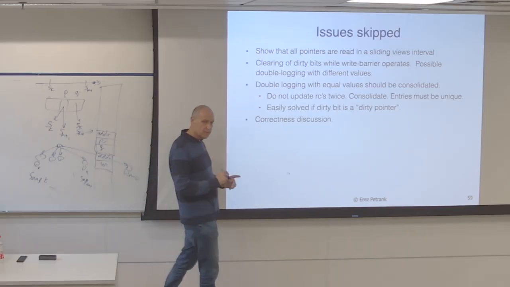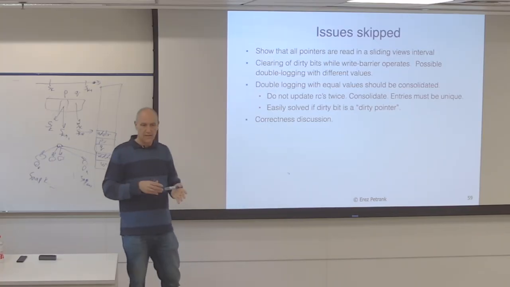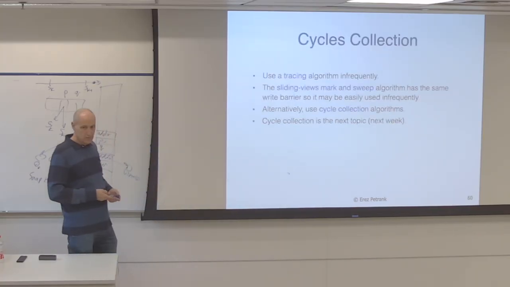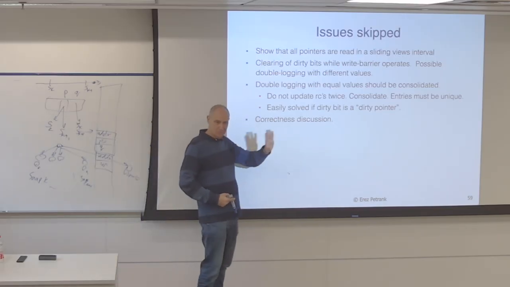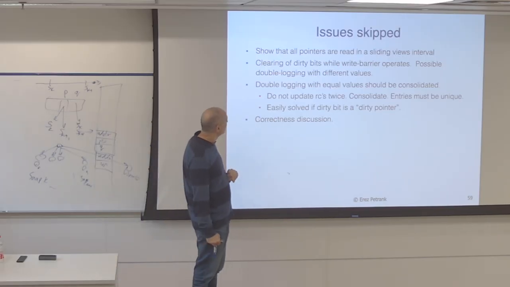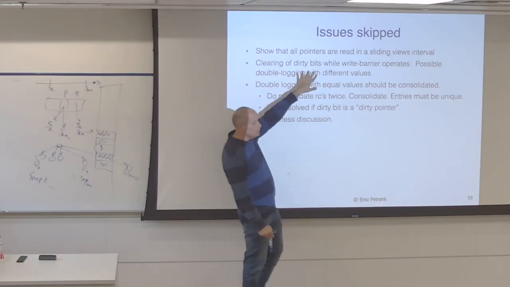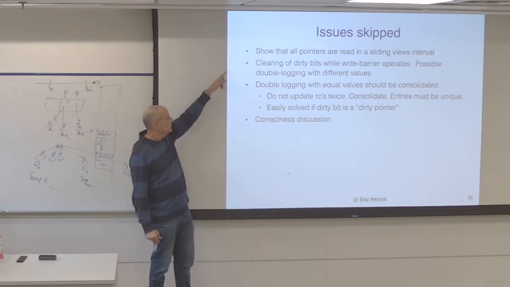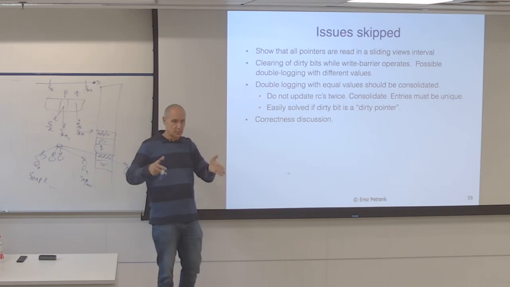So I'm going to skip it. I think each of you, if you were left on a deserted island and had to do it to get out of there, you would do it. But I will not do it now. So clearing the dirty bits, there are some issues that I'm skipping. So this is the first one, to show that all pointers are read in the interval where there is snooping.